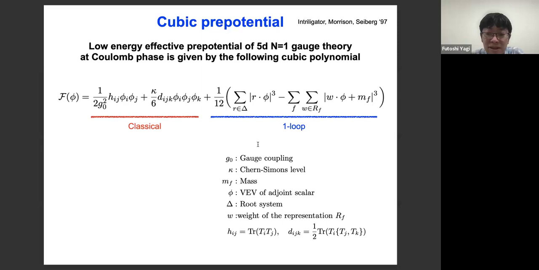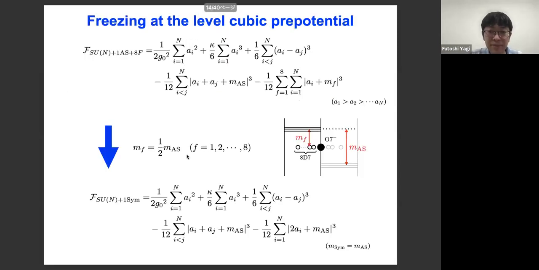We can compute this prepotential once we fix the gauge group and matter content. And I would like to compare this for two different gauge theories, which seem to be equivalent in some sense up to tuning.